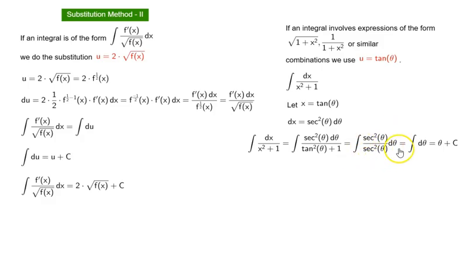Sec square theta cancels out. We are left with integral of d theta, which is equal to theta plus c. And finally, x is equal to tan theta means theta is equal to arctan of x. So integral of dx by x square plus 1 is equal to arctan of x plus c.